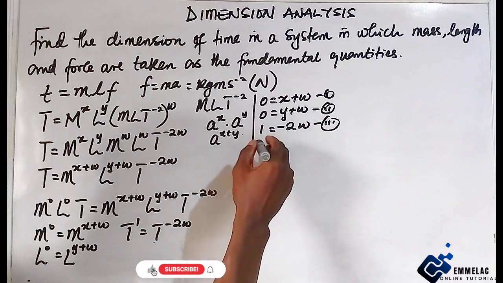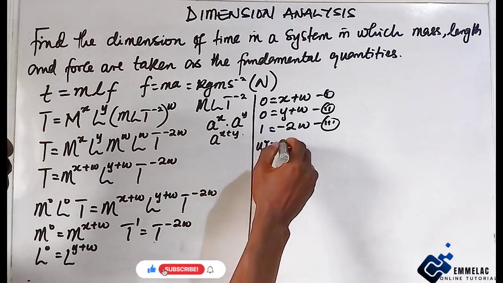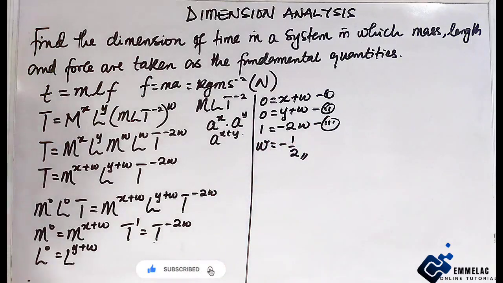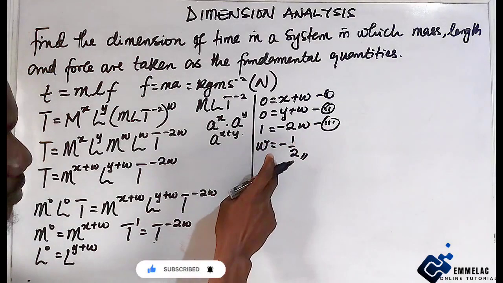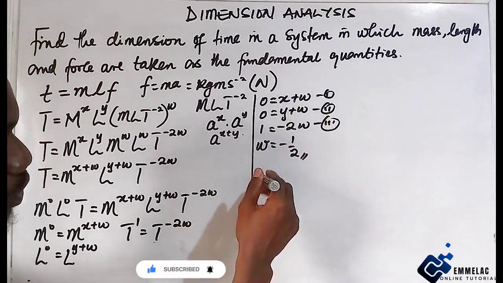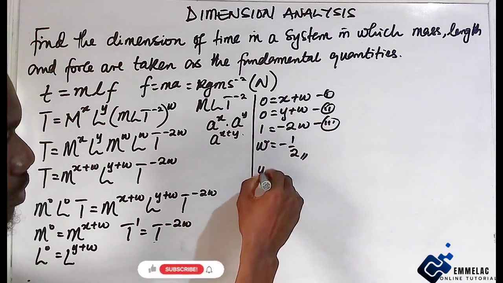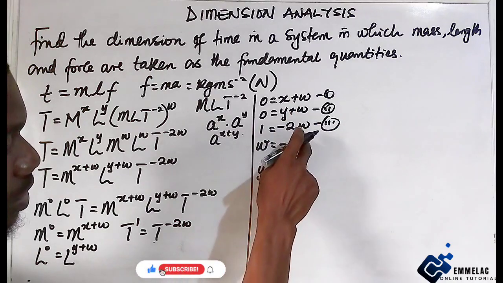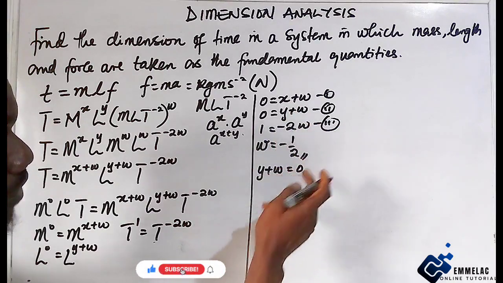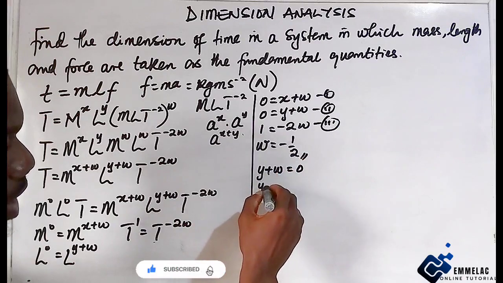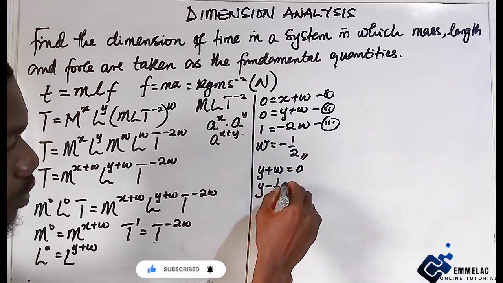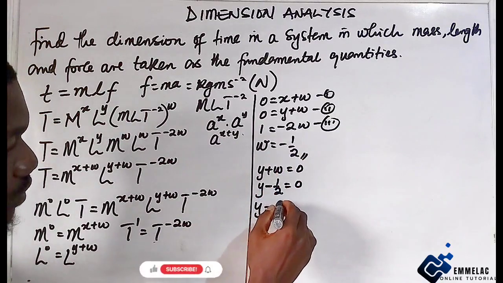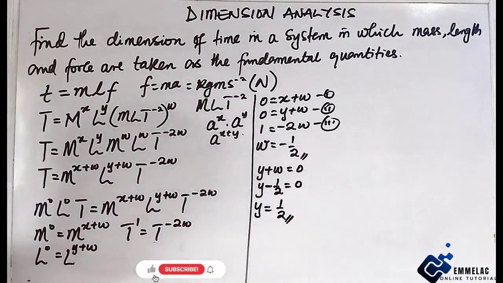From equation 3 we can see that w equals minus 1 over 2. Now let us plug in. From equation 2, y plus w equals 0. Plugging in negative half, we have y minus 1 over 2 equals 0. So y will definitely give us 1 over 2 as our answer.